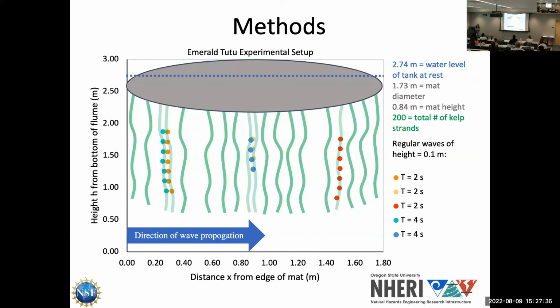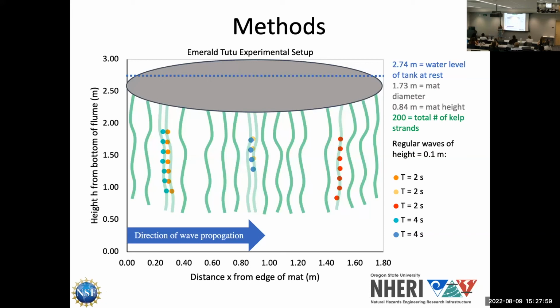Oh, perfect. Okay. So this is the experimental setup. We have the constants on the right. And as you can see, there are 3 general locations that the data was tracked for the kelp strands. In the flume it was the same strand, but in between trials, it shifted a little bit.